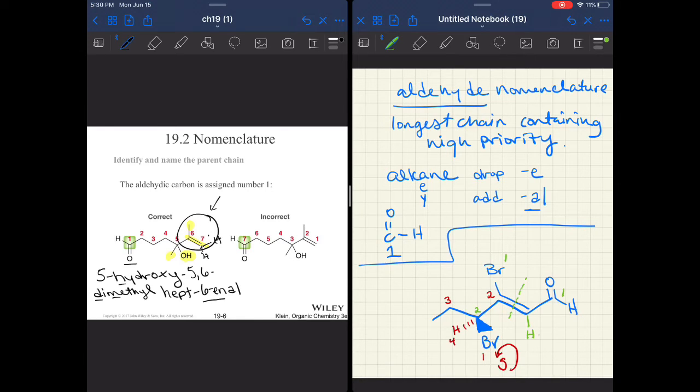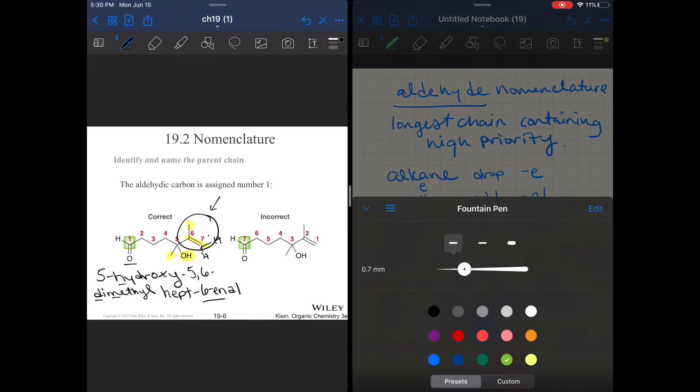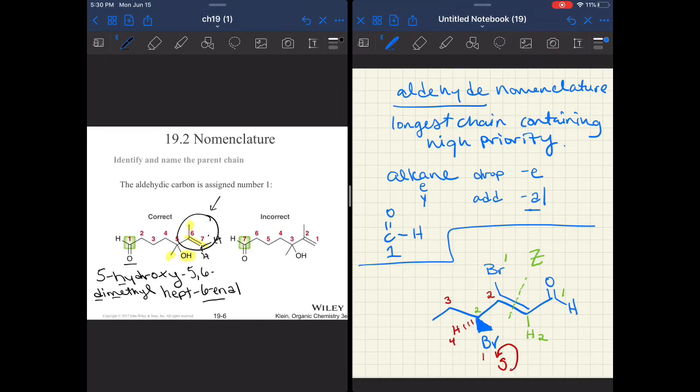Carbon is higher priority than hydrogen. So my 1s are on the same side of the double bond, or cis to each other. So this is Z. This is the same side. My bad German accents, how I remember that. E would be if the priority ones were on the opposite side. So I have all my stereochemical information and I've numbered.